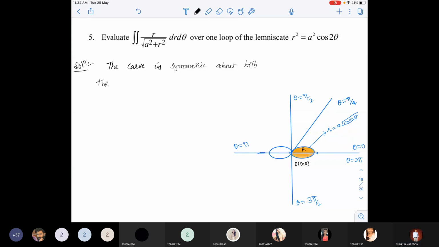The curve is symmetric about both the axes in the first quadrant for the upper half loop.